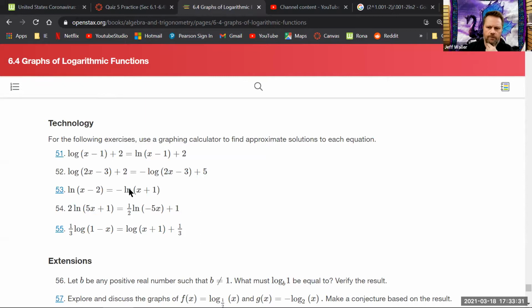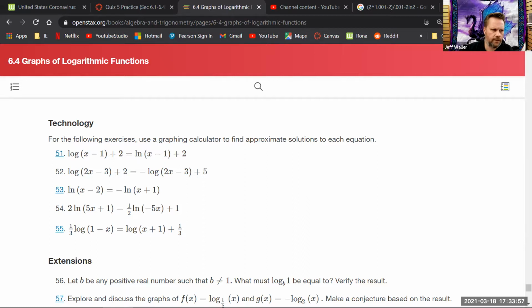All right, so I showed you how to do this kind of thing in your calculator. So let's do this. Let me pull up my calculator. You're going to put one side of this equation into y1 in your calculator, and you're going to put the other side into y2. You could also use Desmos. Desmos would do this also.